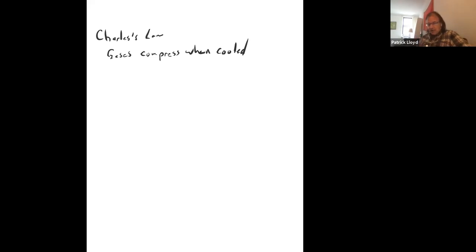So as T goes down, V goes down, right? Cooling means the temperature is going down, decreasing. Getting smaller, compression means the volume is getting smaller. So here they're directly proportional. Likewise, gases expand when heated.